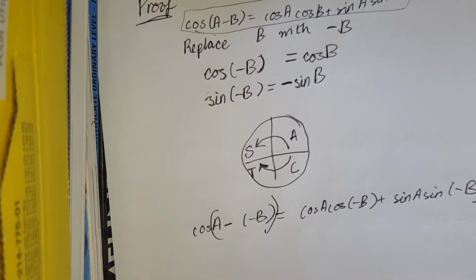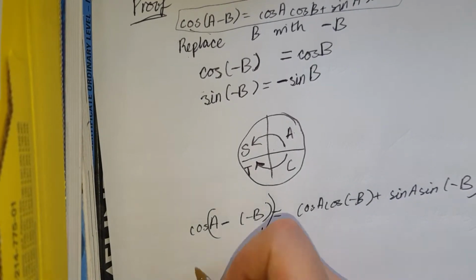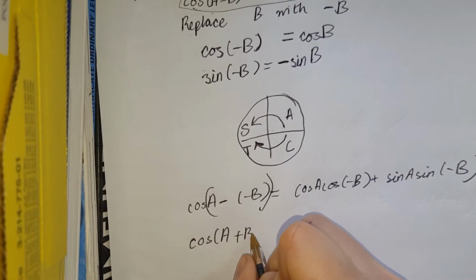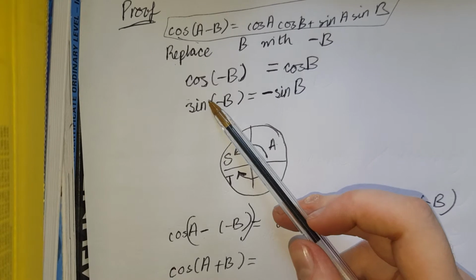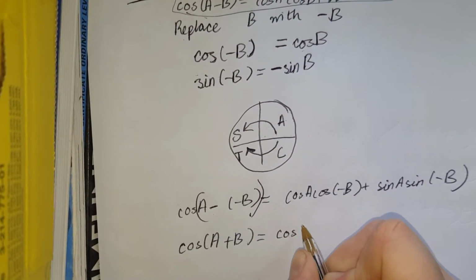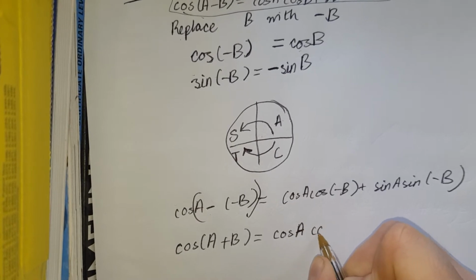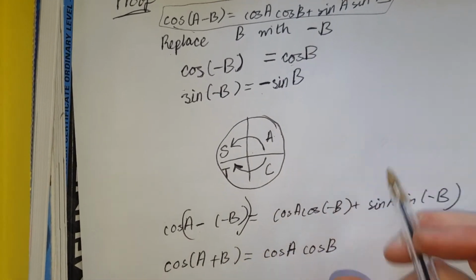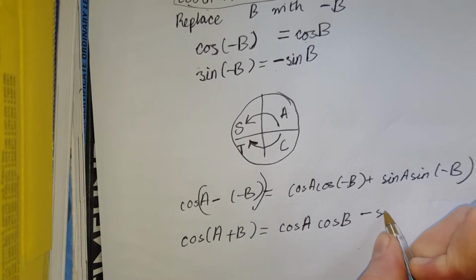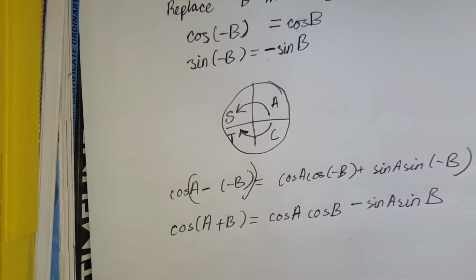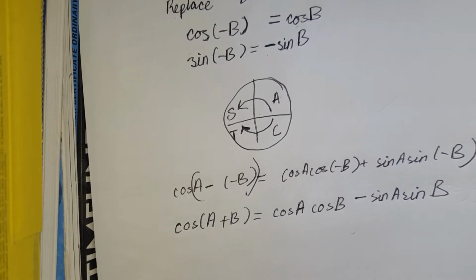And then I'm going to simplify this. Minus minus B is going to be plus B, and knowing that cos of minus B is equal to just cos B, we get cos A cos B, but sin of minus B is equal to minus sin B, so minus sin A sin B, and that is our formula proven.